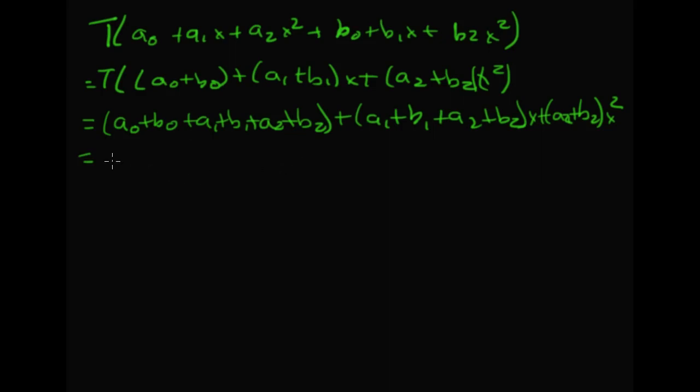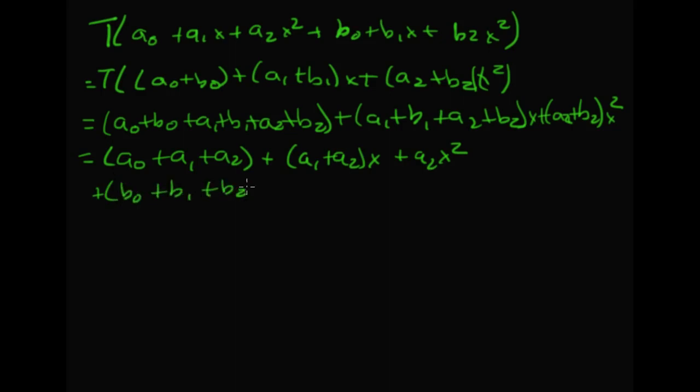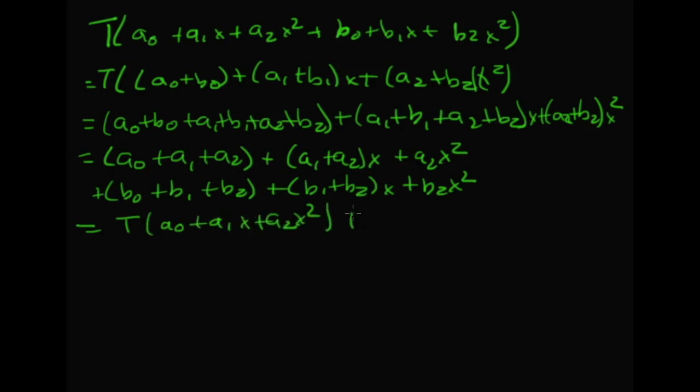Right, so you can regroup a bit here. You can put all the A's together, A0 plus A1x plus A2x squared, plus all the B's, B0 plus B1x plus B2x squared, and that's going to give me T of A0 plus A1x plus A2x squared plus T of B0 plus B1x plus B2x squared.